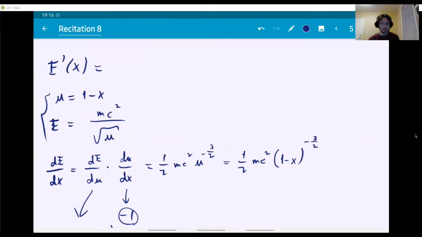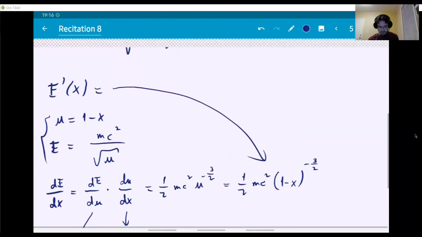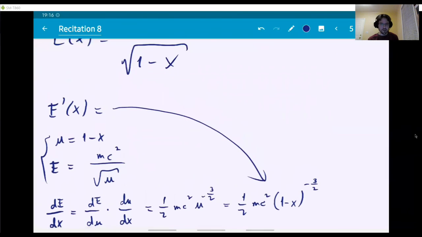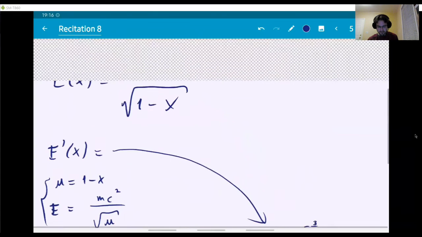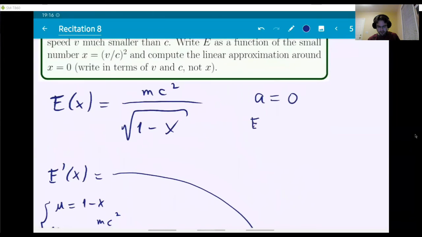All right. We needed E prime. Well, it is calculated here. Why did we need that? Well, once again, we're doing linear approximation of the E function around the number 0. So we need to find E of 0 and E prime of 0. Those are easy. What is E of 0? E is right here. Well, when you plug in x equals 0, you just get mc squared over 1.